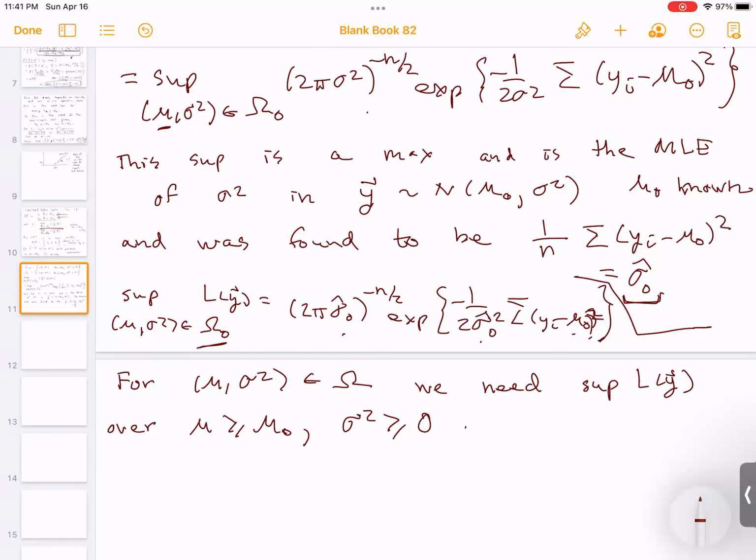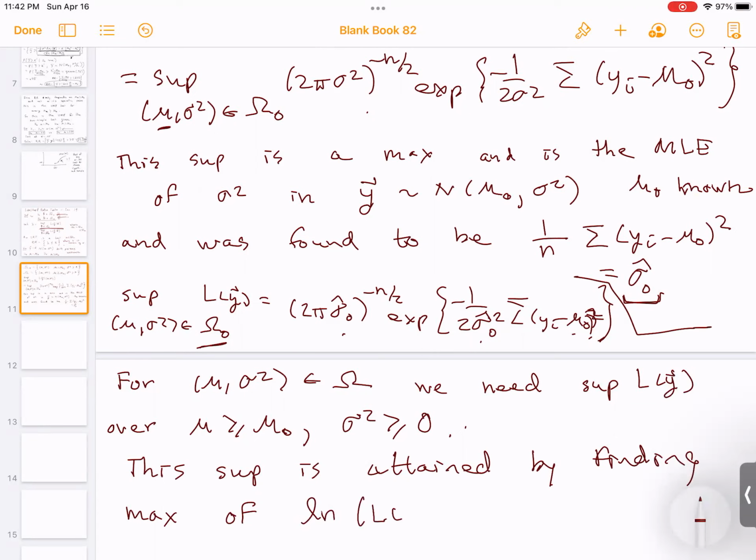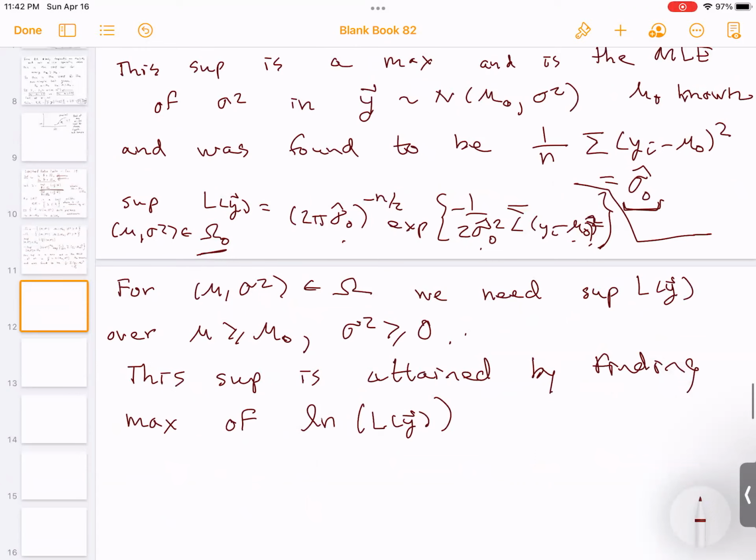So we're just writing these notes down. This max or sup, this supremum, is attained by finding the sup or the max of Ln. I don't think that's exactly what I want to say. I want to say it's the same.